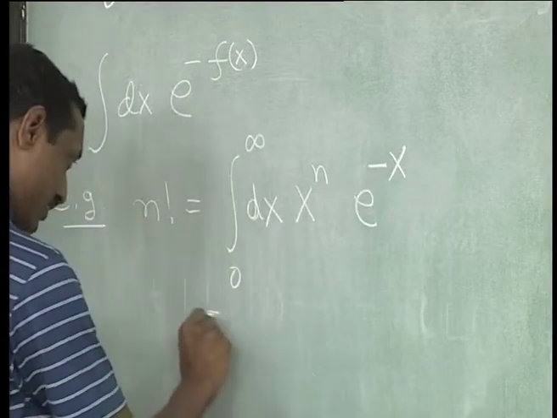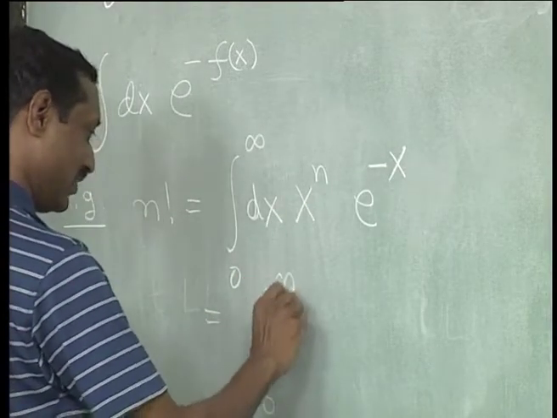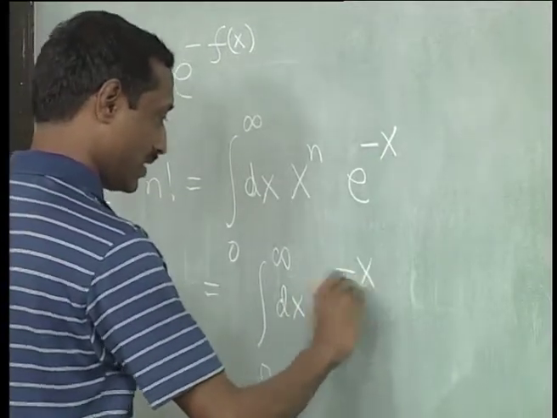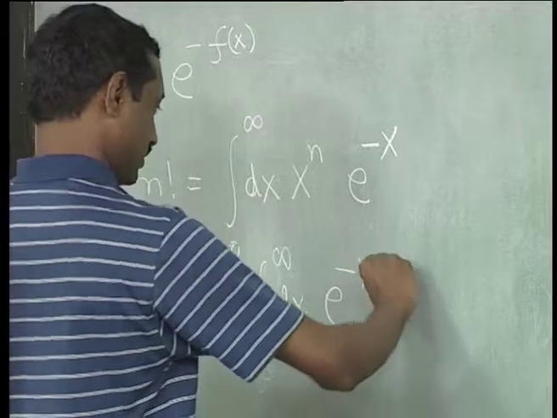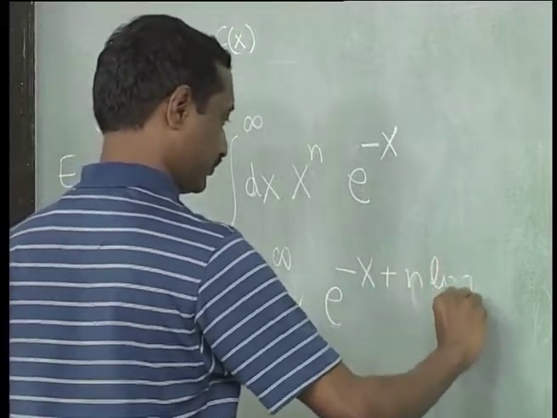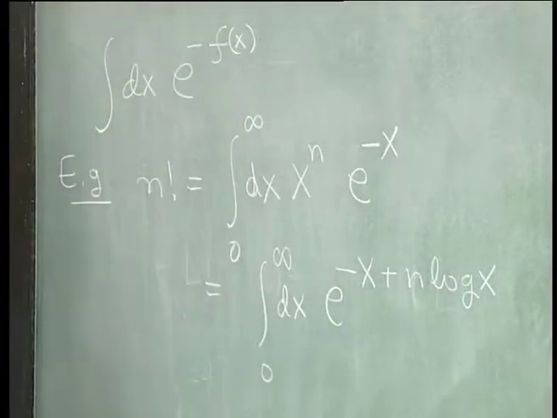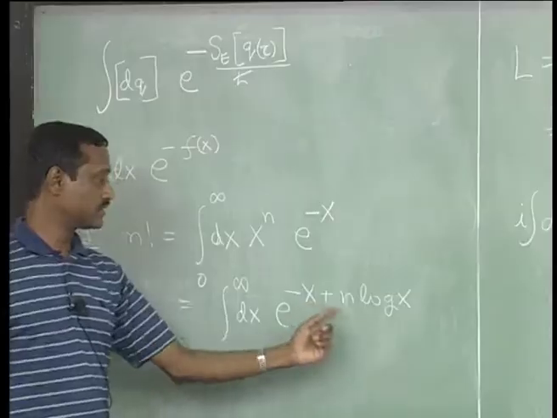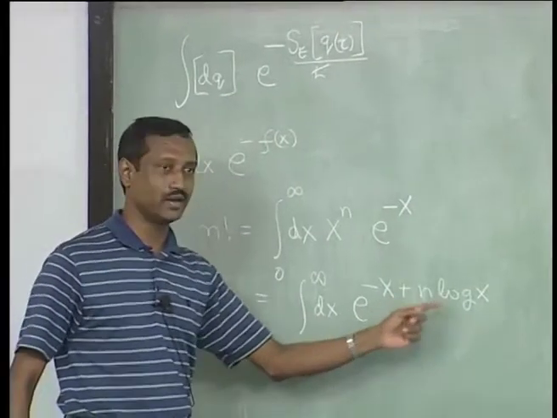So we can just rewrite this as the integral from 0 to infinity dx e power minus, x plus, okay, I am just trying. So this would be a case where f of x is this quantity x minus n log x.